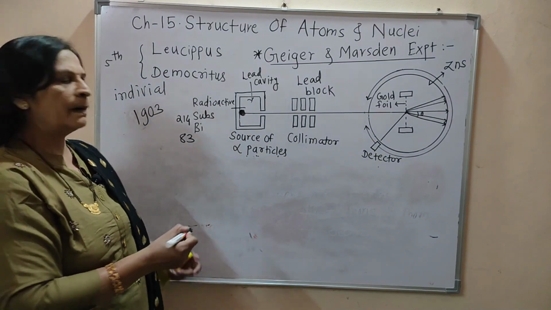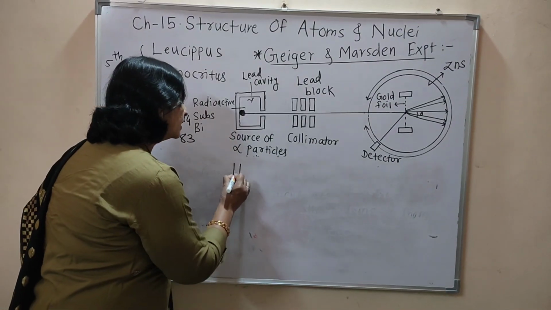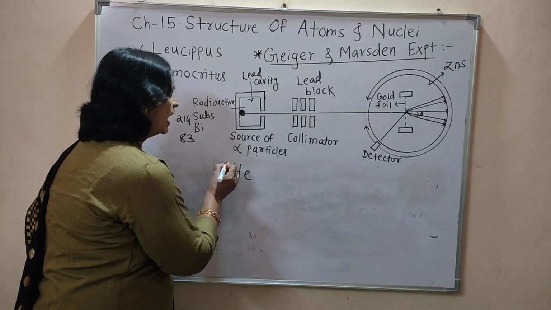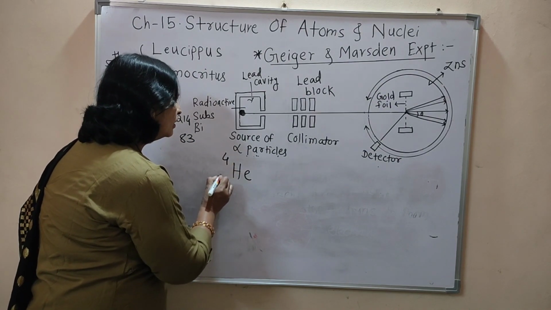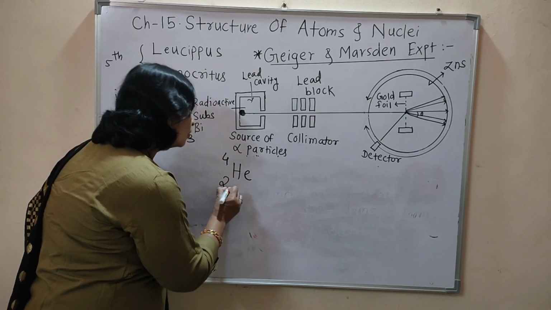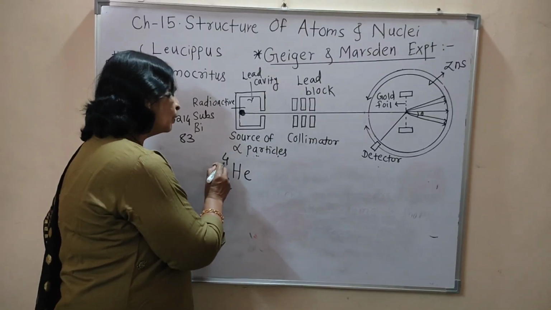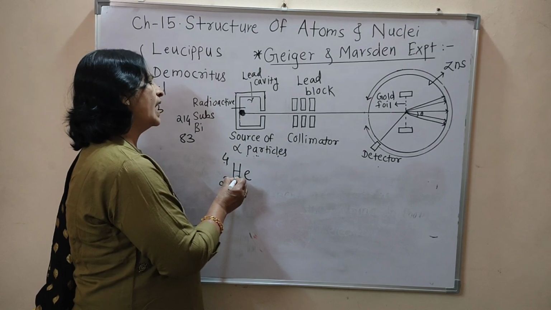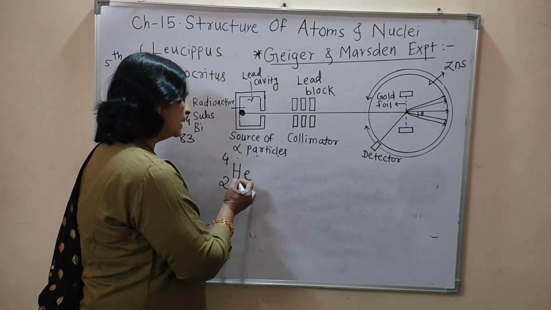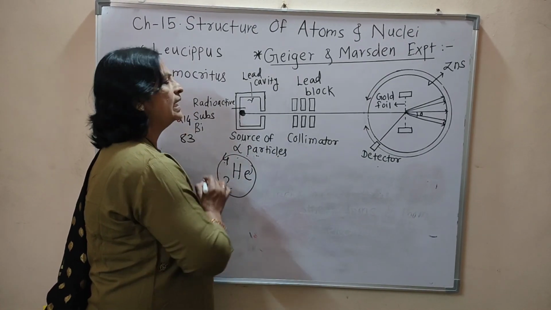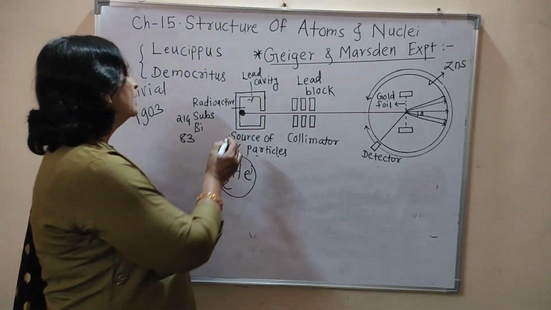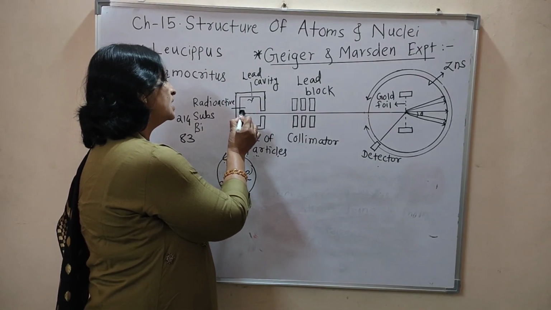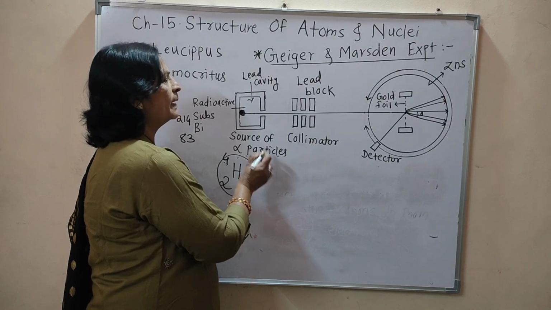We know that an alpha particle is nothing but a helium nucleus, with mass number 4 and atomic number 2, meaning 2 protons and 2 neutrons.